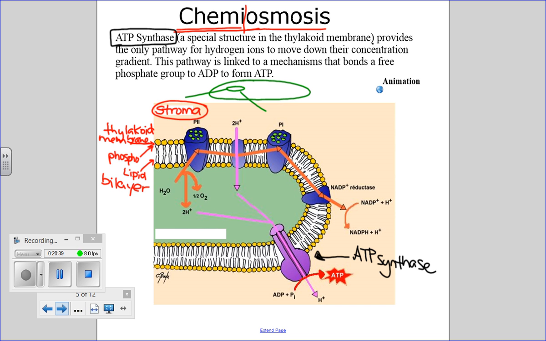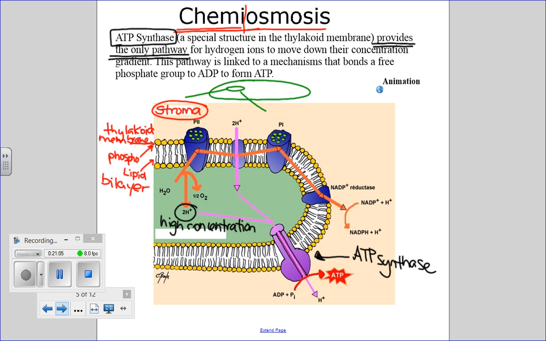Now the key thing is that it provides the only pathway for hydrogen ions to move down their concentration gradient. This means that there is a high concentration of hydrogen ions inside the thylakoid.